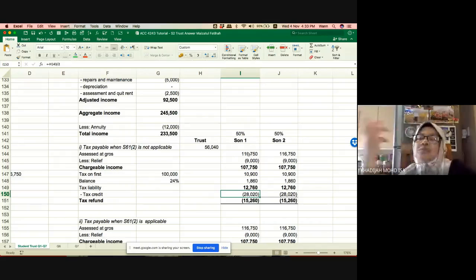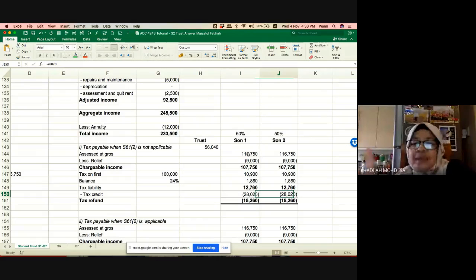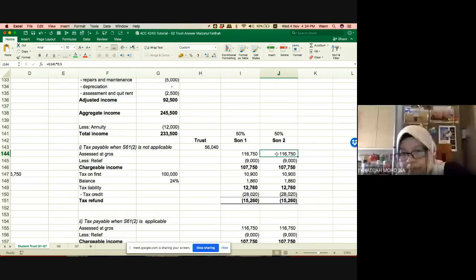So assuming that the amount assessed is the lower, so in that case, your tax credit given is based on whatever statutory income here. Alright? Whatever statutory income you have to plug in here, then the 24% tax credit is on that income. And this is where we assume that tax paid at the trust level. Do you understand what I'm saying now?